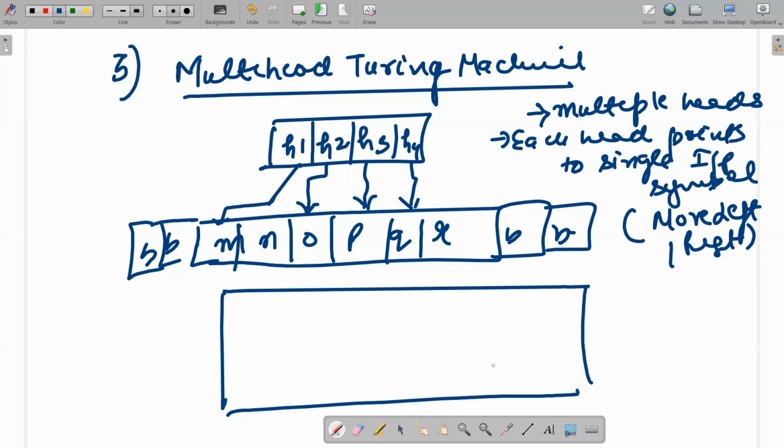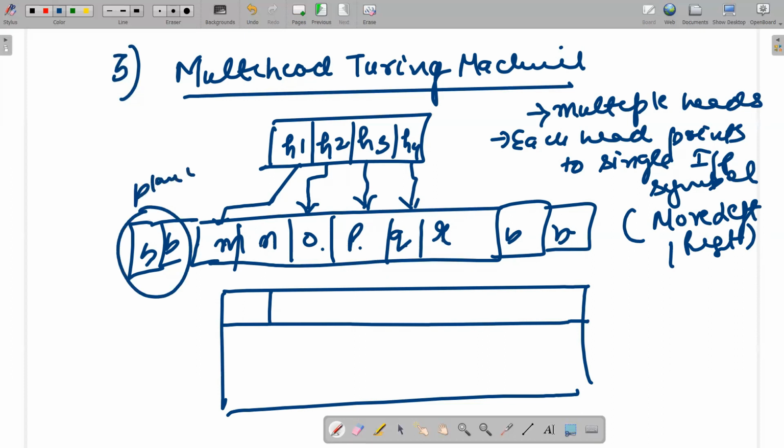Like for an example, your head number 1 is pointing to M. So if M is the very first variable of the string, so there are how many string variables? 1, 2, 3, 4, 5, 6. Let's say 6. Considering this is blank and this is blank too, right?